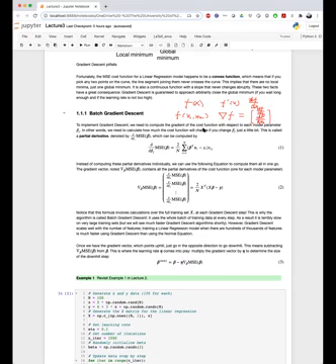So for example, let's look at the partial derivative of MSE of beta. MSE is RSS, the residual sum of squares, divided by n, the number of data points. Minimizing RSS is the same as minimizing MSE. So suppose we're minimizing MSE of beta, then we need the gradient of MSE of beta.